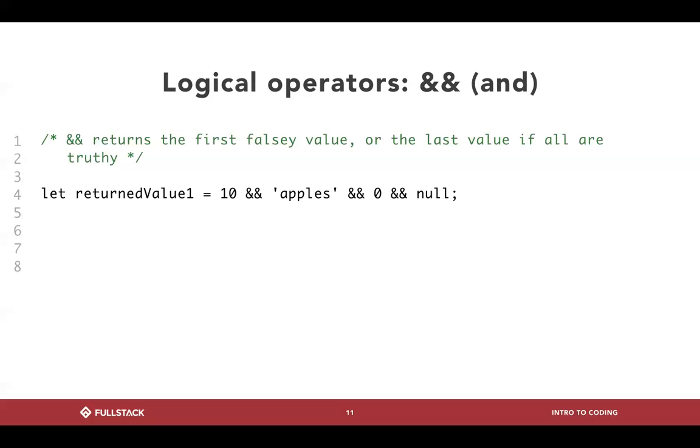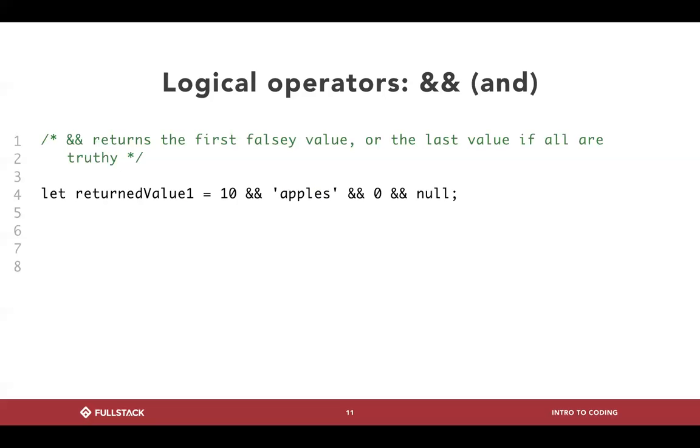But what we're doing here is taking one of these values. We're not using a conditional statement, we're not using an if else. What we're saying is, whichever one of these is the first falsy value, the first value to flip to false, or if all of them are true, give me the last value, and I'll store it in returned value 1.